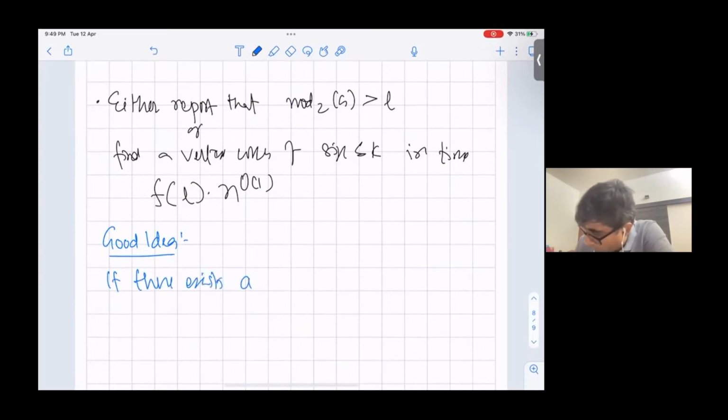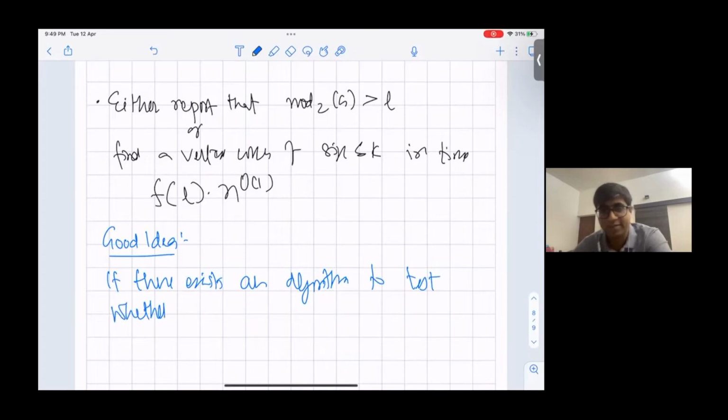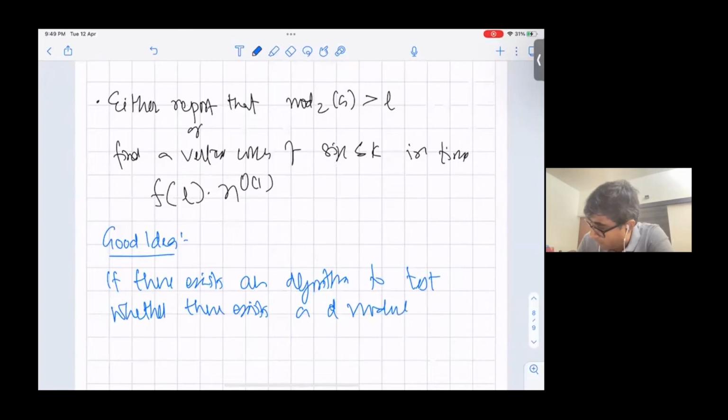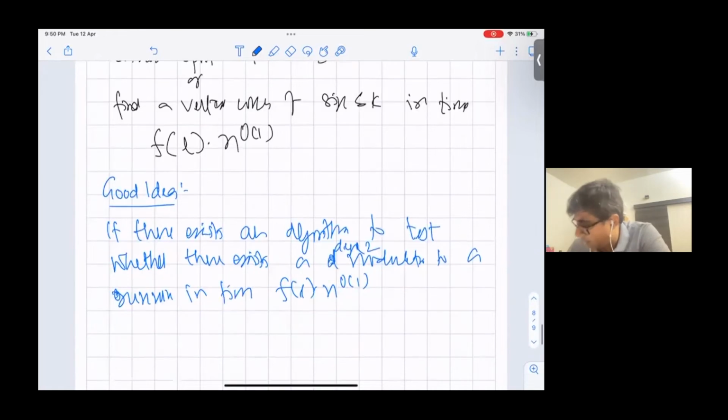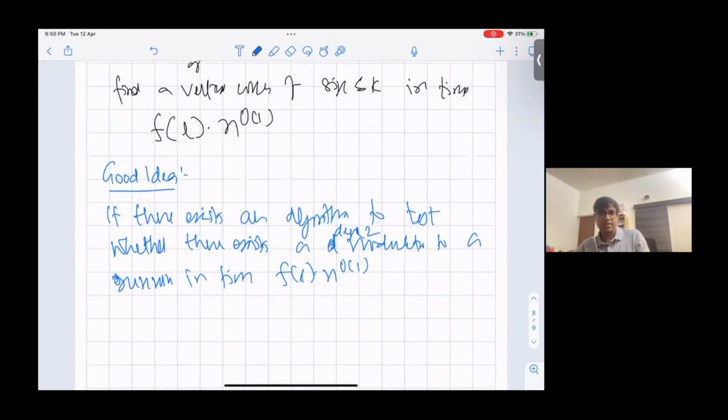If there exists an algorithm to test whether there exists a modulator, or let's say a degree 2 modulator to G, running in time f of L n to the power big O of 1, then I can first run this algorithm.